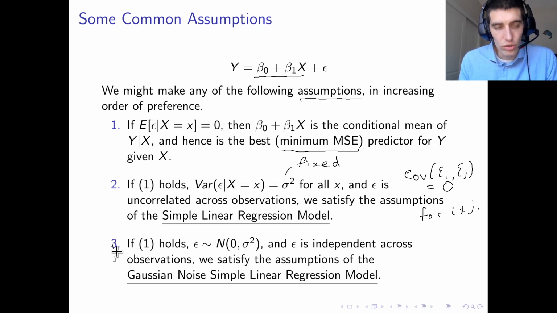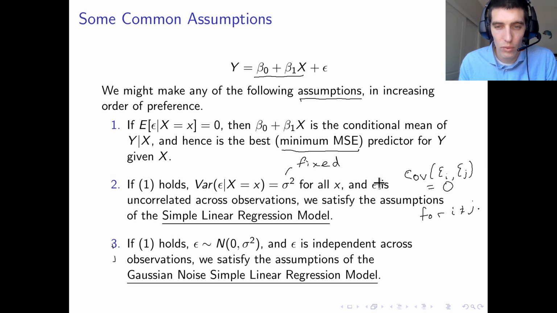And the third and strongest assumption we'll use is that 1 holds, so we always start with 1. And then epsilon, not only is it mean 0 constant variance, but it is actually normally, i.e. Gaussian distributed. Notice in the second assumption we say mean 0 constant variance, but we don't say anything about the actual distribution of epsilon.